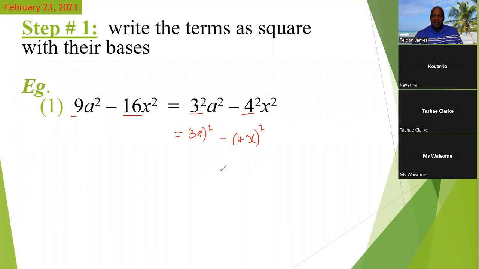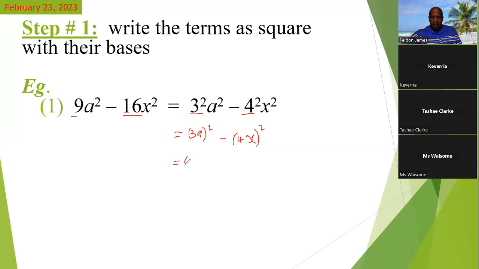Now that we have it in this form, next what we need to do is to factorize it. How do we say that we factorize this now, Ms. Waysom? Sir? Yes. Repeat, sir. How do we go about factorizing this? Take out the base, sir. And do what with the base? So first we're going to open a bracket.